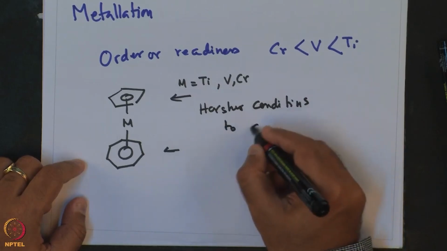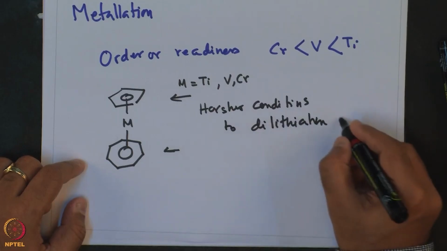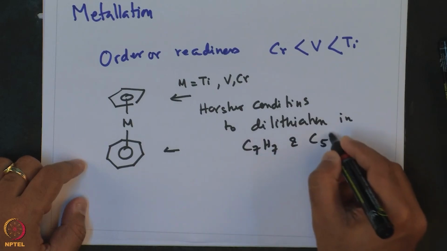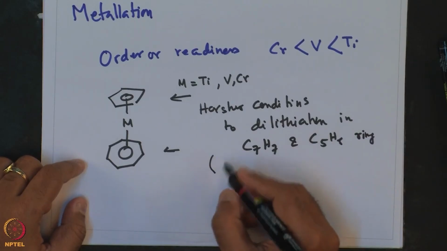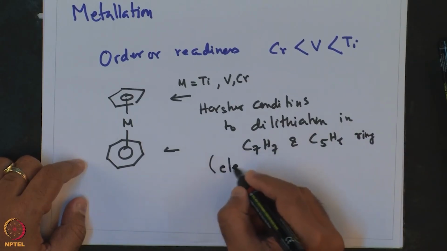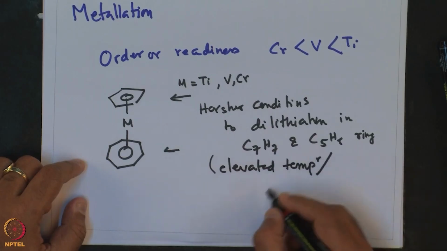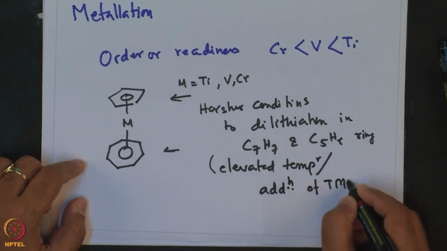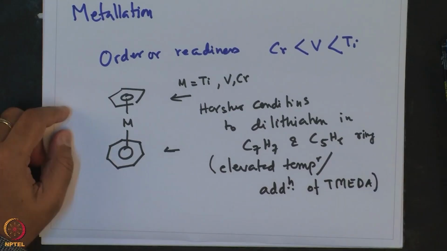For dilithiation, in both the C7H7 and C5H5 rings, harsher conditions means elevated temperature and or addition of TMEDA. So, these are the conditions in which the metallation can be achieved.